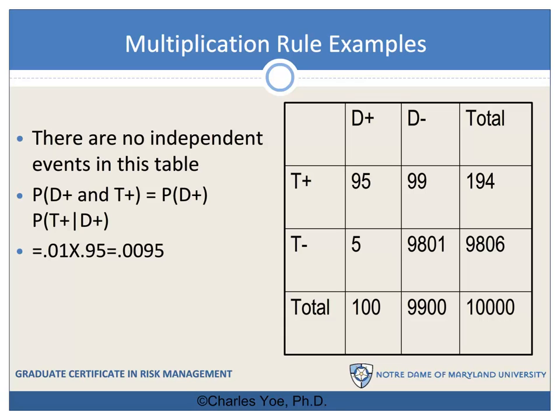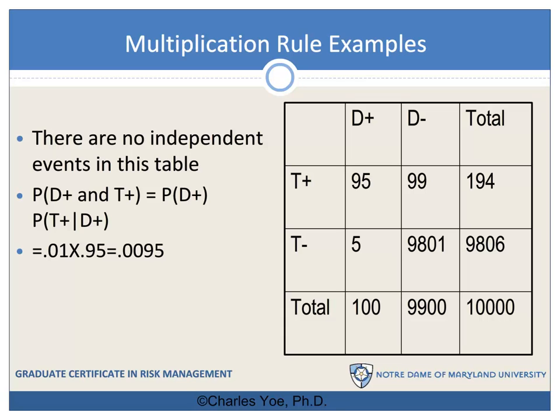So given that you are disease positive, what's the probability that you test positive? 95 people test positive, but it's no longer 95 out of 10,000. It's 95 out of 100, and that's 0.95. That becomes the second number.